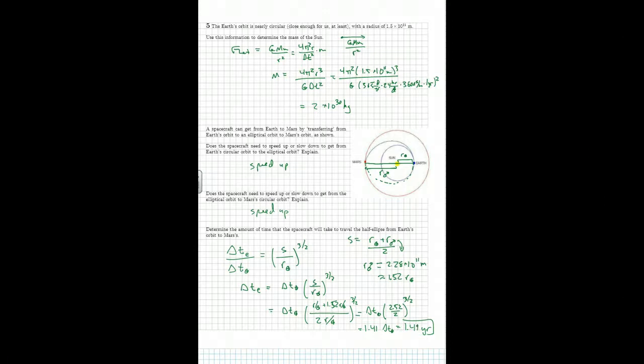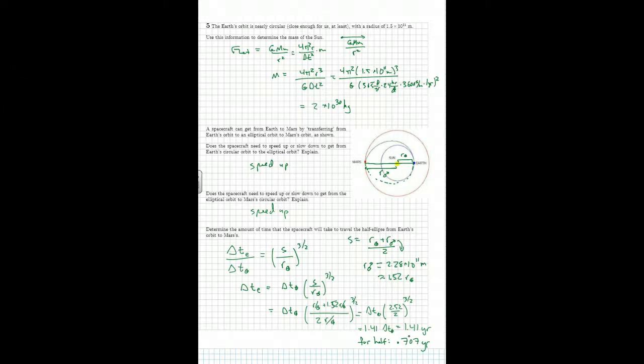Oops, that's not what we wanted. That's the whole orbit. So for half the orbit, 0.707 years, which is almost exactly, by the way, the square root of 2 over 2.